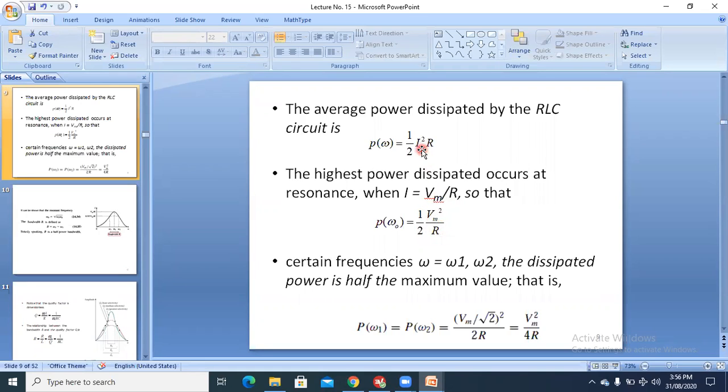Or you can simply substitute the value of I here, so you have this relationship.